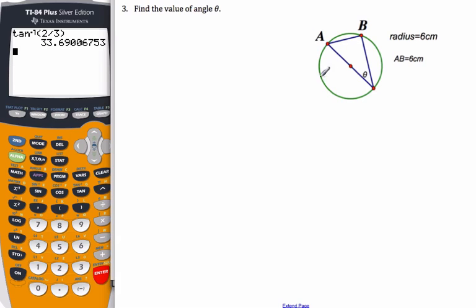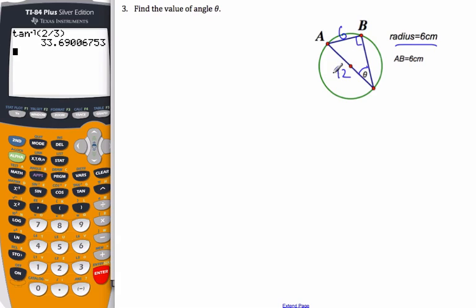So in this problem, I want to find theta, this angle here. Well, B is on the circle and this is a diameter, so I know for a fact I have a right triangle. So trigonometry works here, as does the Pythagorean theorem. The radius is 6, so this is 6 here. What's the whole diameter going to be then? It should be double that, so 12. And AB, we're told, is 6. So if I want to find theta, I have 6 and I have 12.